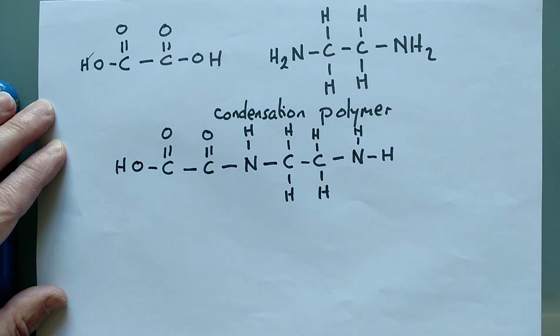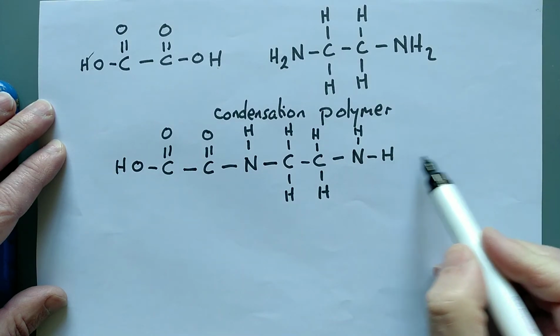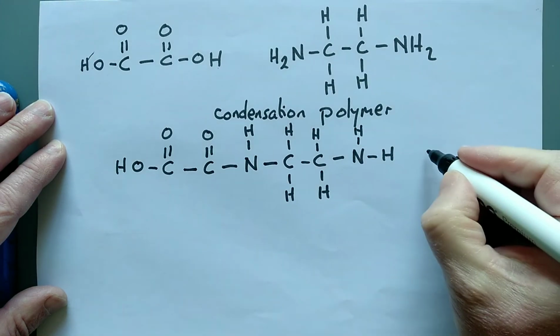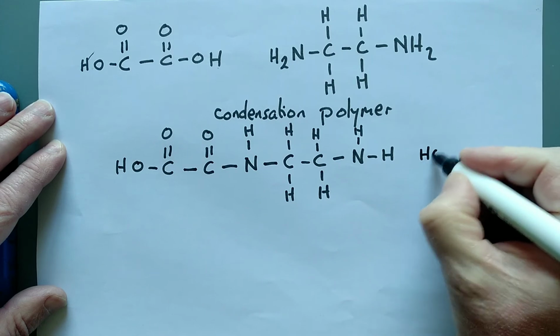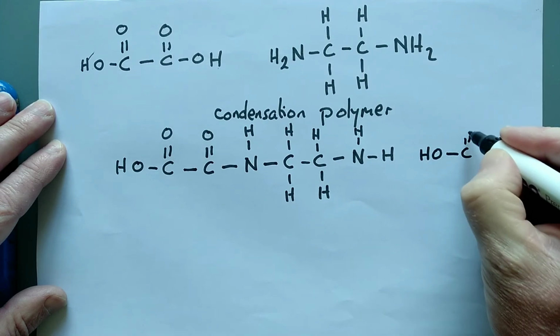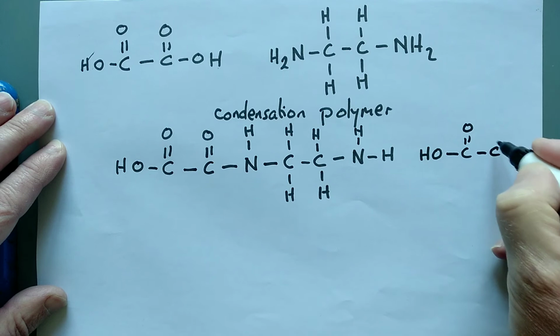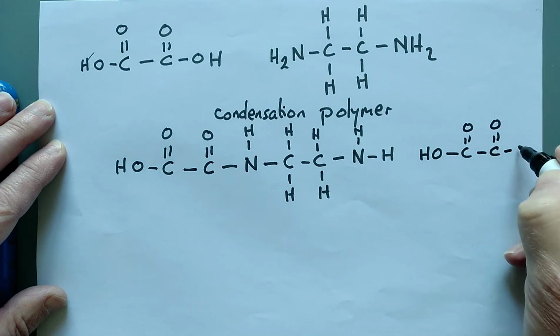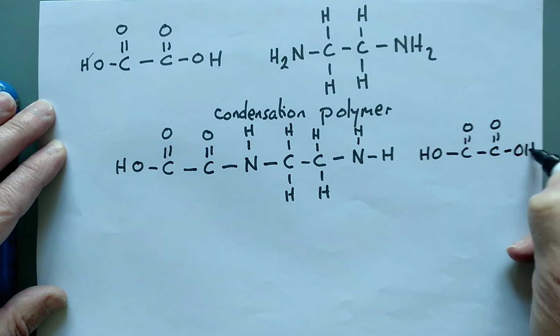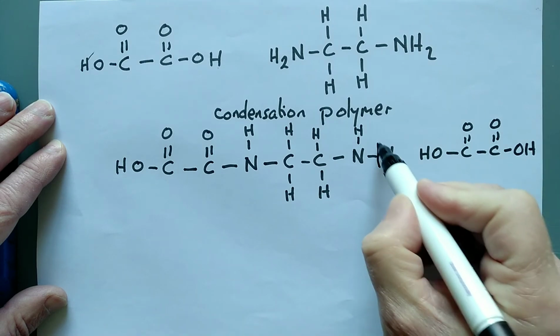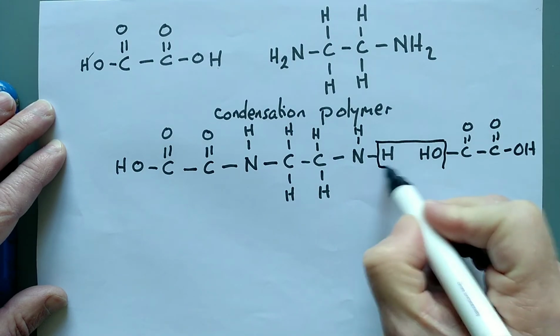Now, if you think about it, if there is another dicarboxylic acid at this side, which would be something like this, another ethane dicarboxylic acid, this H and this OH can join to this.